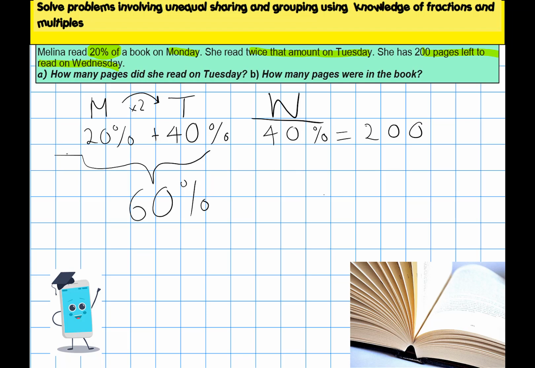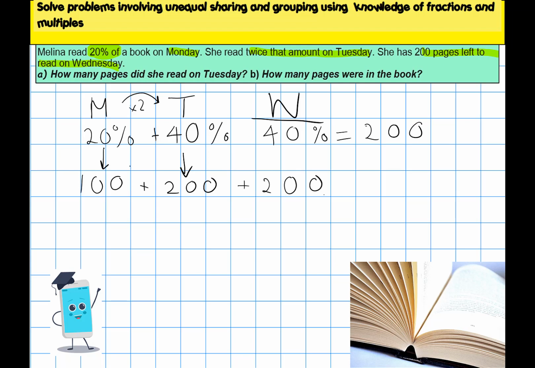And if I know that 40% is 200, then I'm going to know that 20% is 100. So if I added up Monday, Tuesday and Wednesday, I have my answer for how many pages were in the book, which is 500.